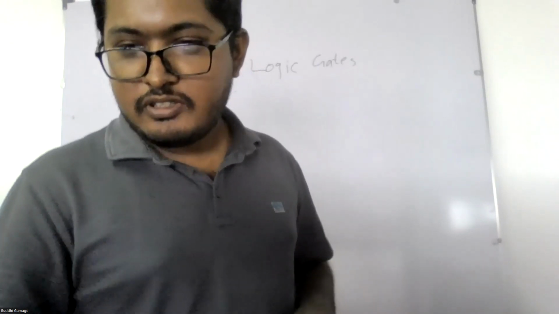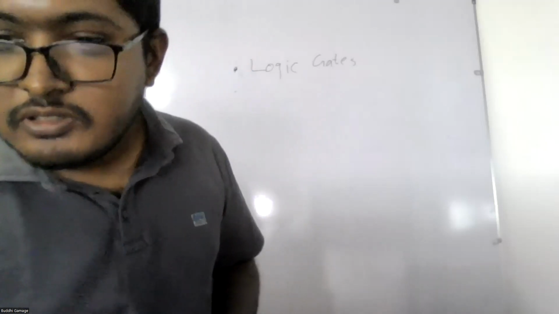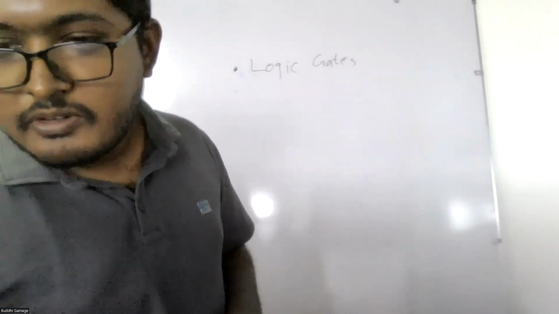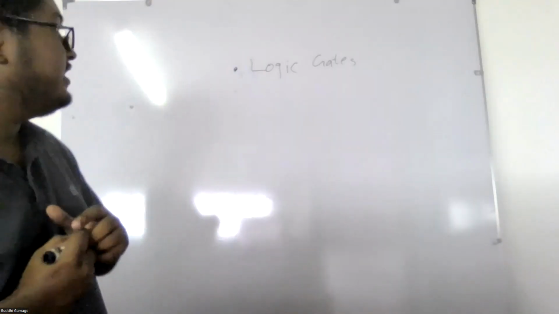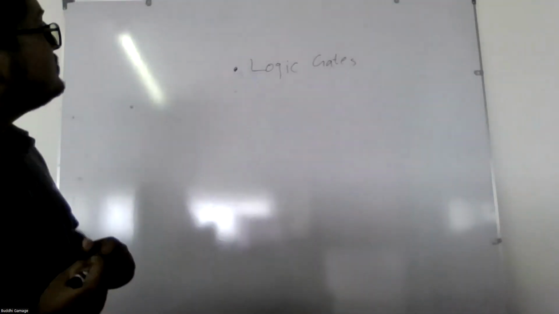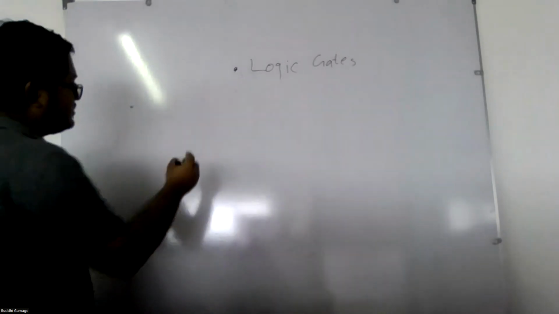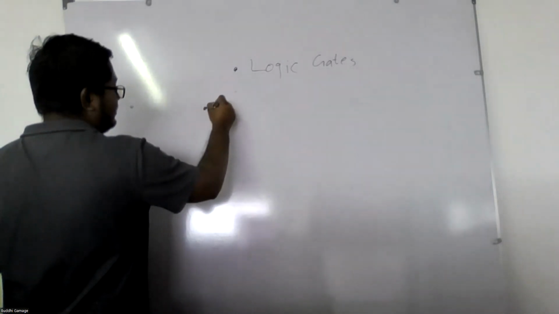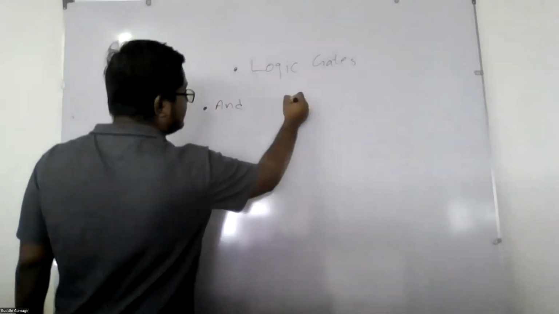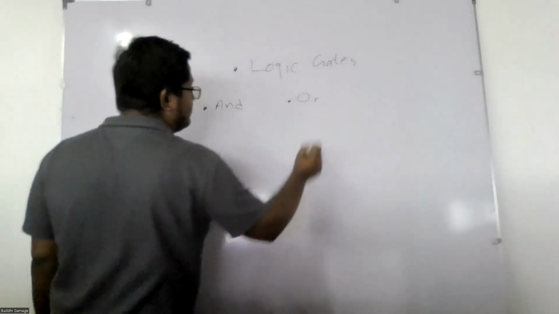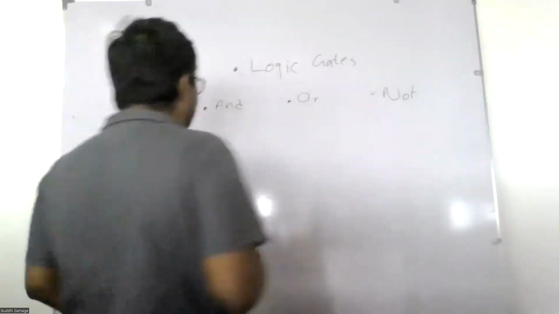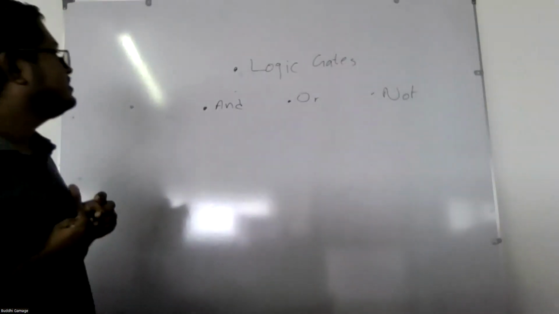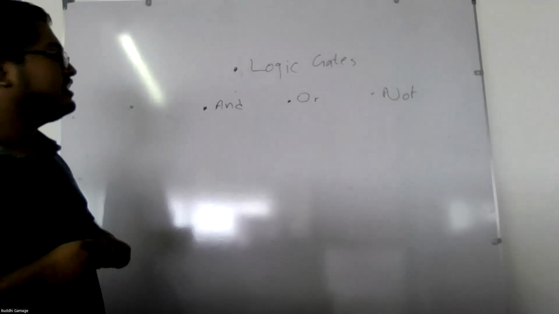Yeah, Darsh says AND gate, OR gate and NOT gate. So what are those actually? What are the tasks in logic gates?